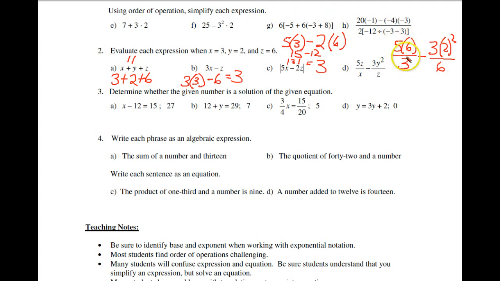So this is 30 divided by 3 minus 2 to the second is 4. 3 times 4 is 12 over 6. Now, some of this I might do in my head, but I'm writing it out so you could follow it a little better. So this is a 10 minus 2, which gives us an 8. And I check those, and those are correct.